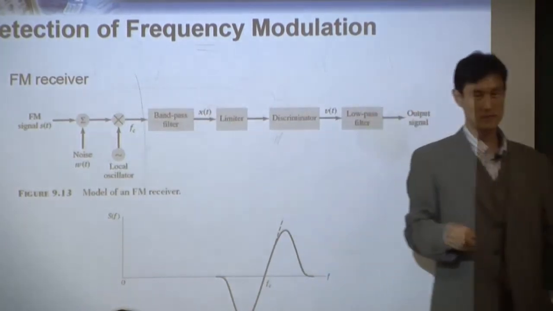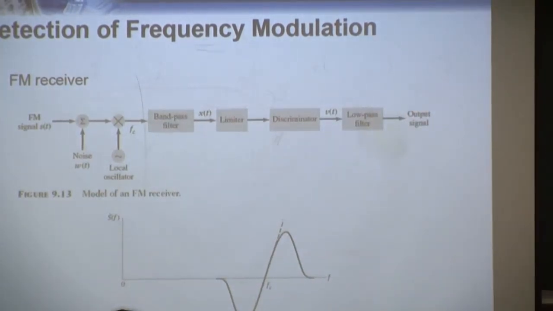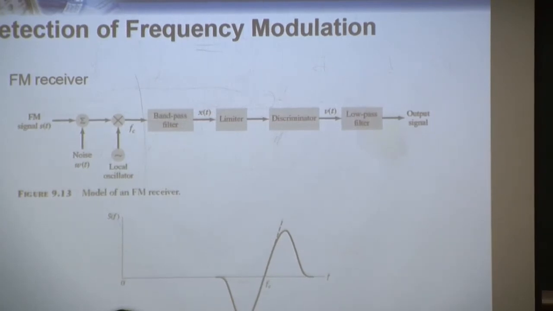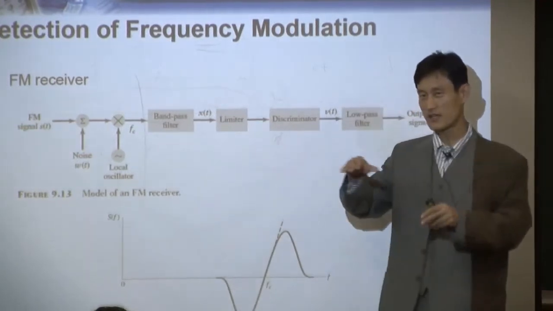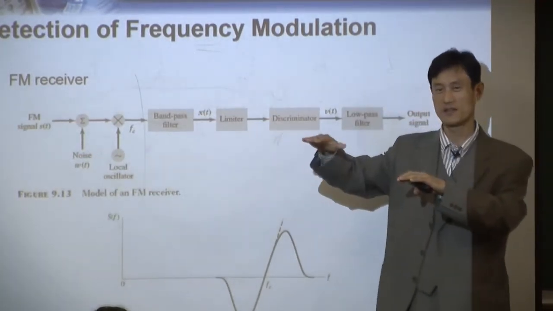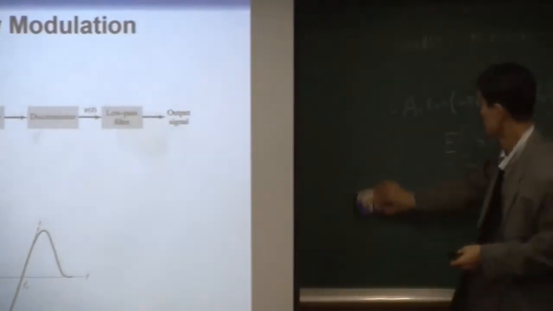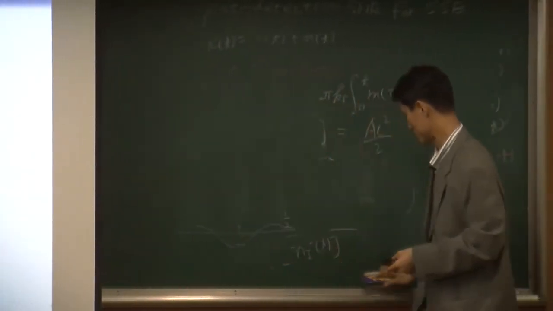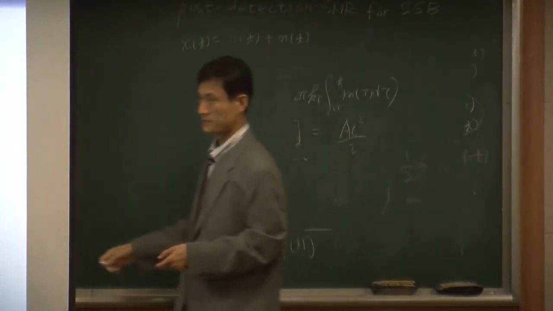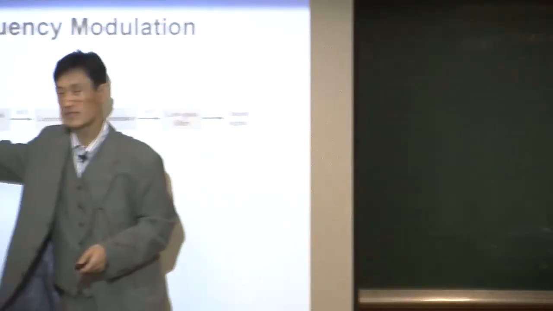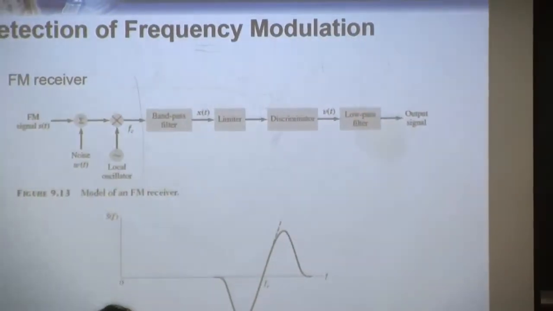What is a limiter? A limiter is something like you are clipping the amplitude. Okay, that's the limiter. So let me tell you what that means. We have a signal, right? What does the FM signal look like?